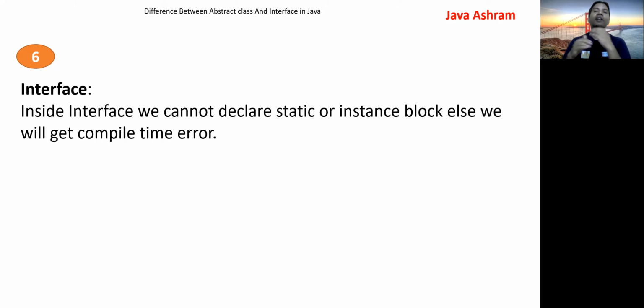If you're not creating the object, your static block or instance block will not get executed, so there is no purpose to this. That's why inside an interface you cannot declare a static or instance block. If you try to declare one, it will give you a compilation error.